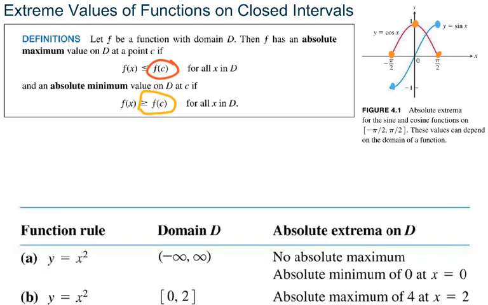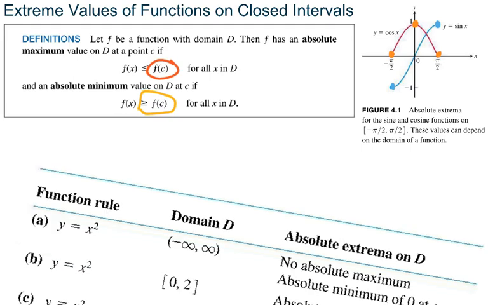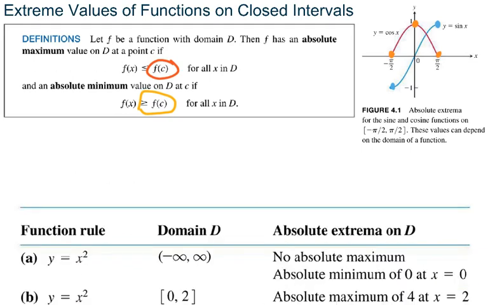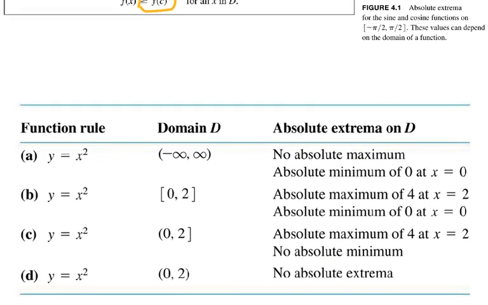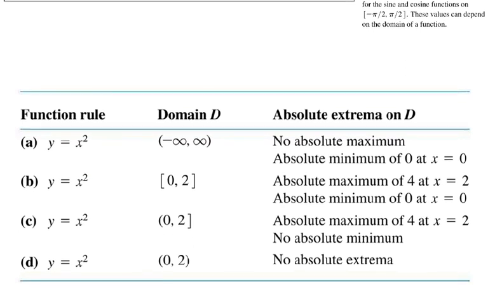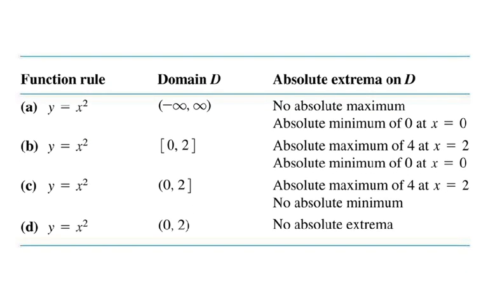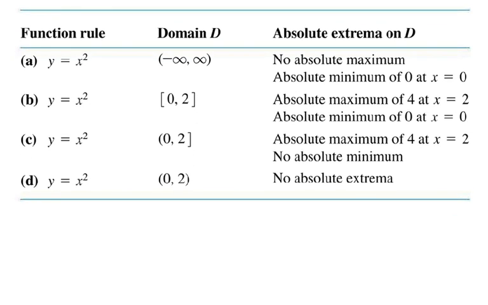So I've pulled a picture in here, and considering the domain restriction, the same function can have different absolute extreme values when the domains vary. So here you'll see we have the same function 4 times, but all with a different domain.